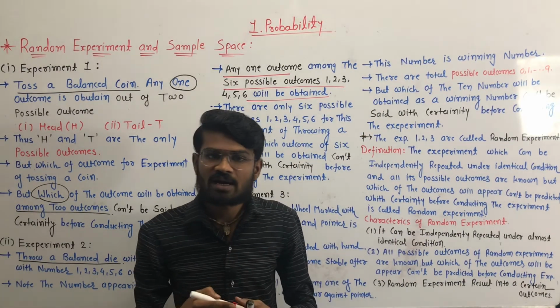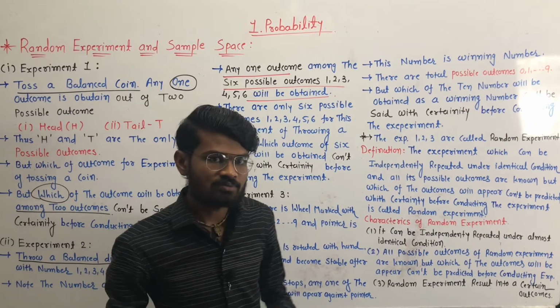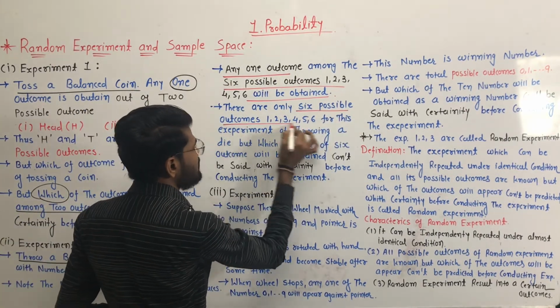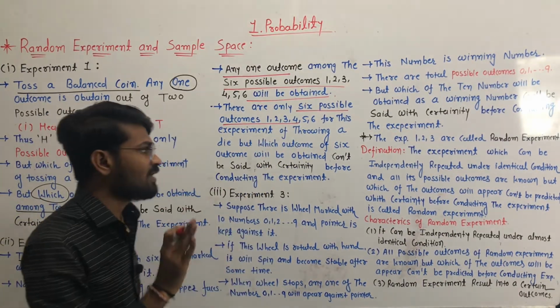There are only 6 possible outcomes, which are 1, 2, 3, 4, 5 and 6.